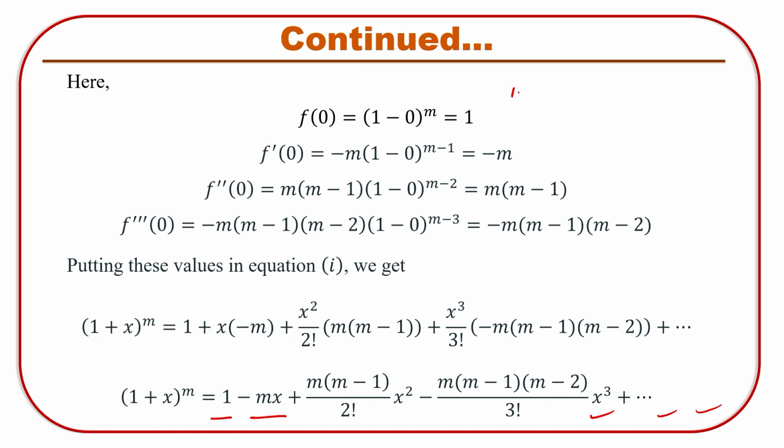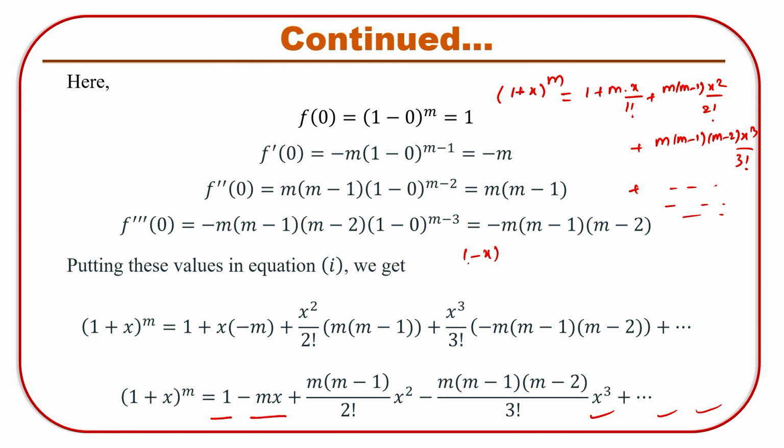So, for 1 minus x to the power m, firstly we write down 1 plus x to the power m, and this can be written as 1 plus m into x by factorial 1 plus m into m minus 1 x square by factorial 2 plus m into m minus 1 into m minus 2 x cube by factorial 3 and so on, right.